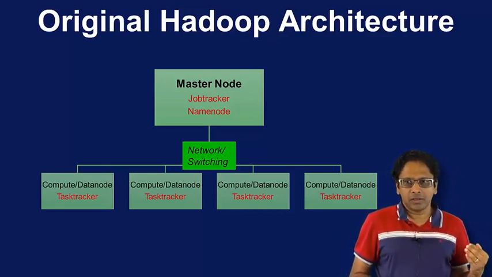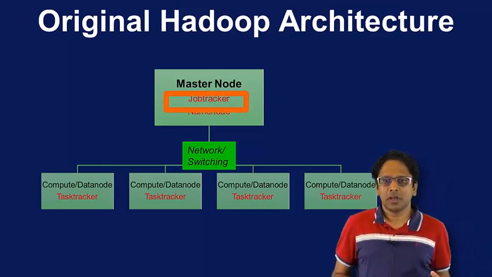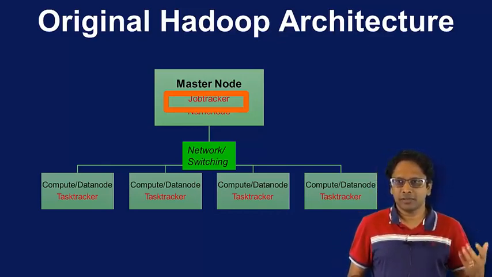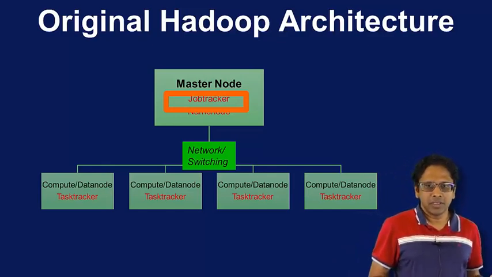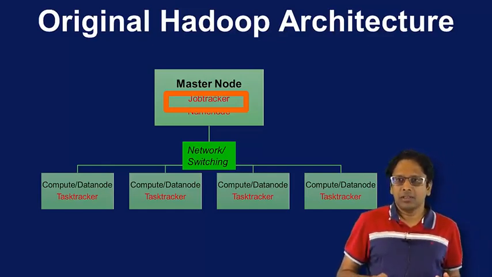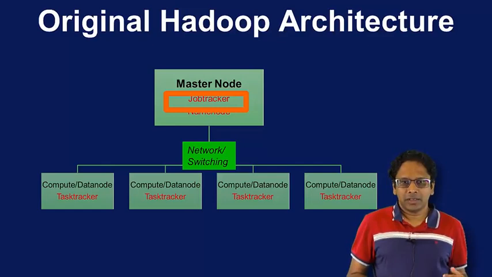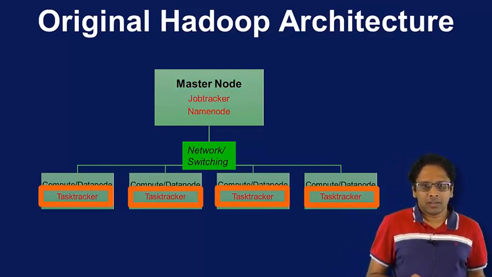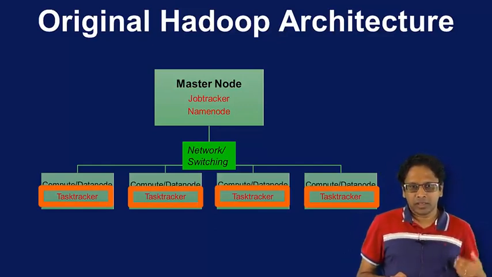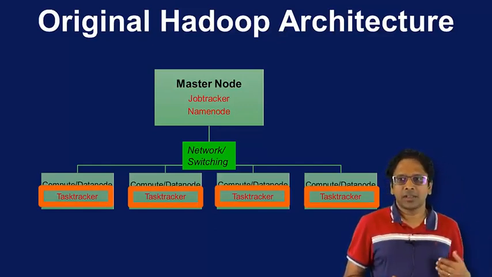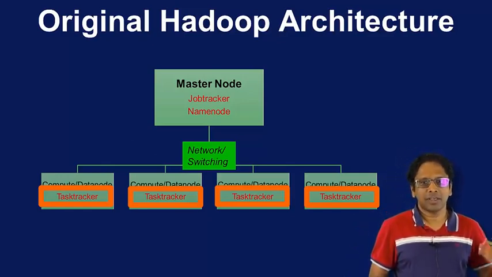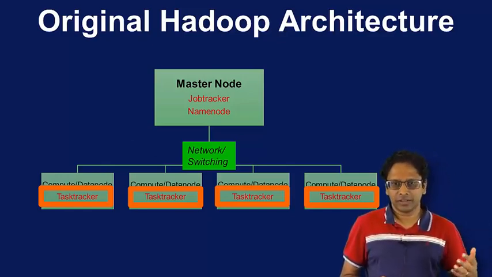The job tracker is the main handling daemon for the map and reduce tasks. It sits on the master node, initiates tasks on the task trackers, and communicates to keep track of the tasks and how they're progressing. And as we saw in the previous slide, if there's a failure, it can restart them.